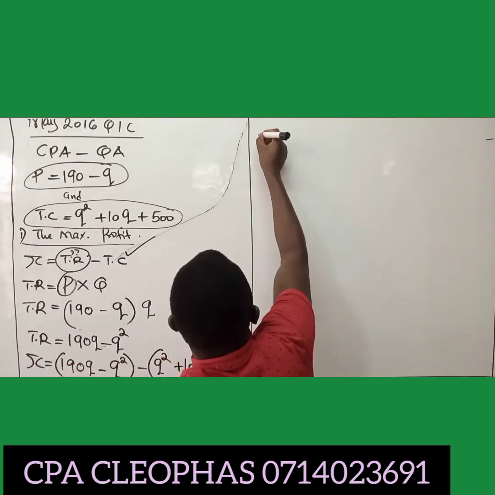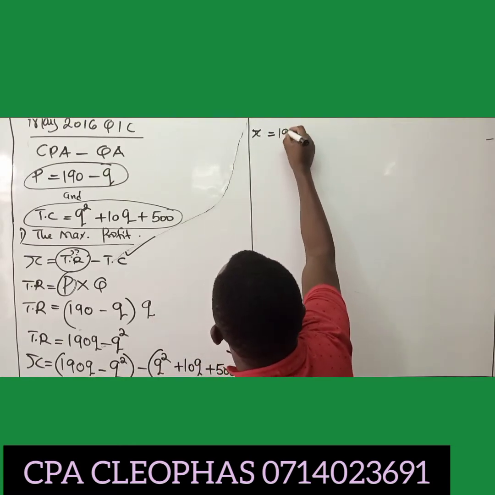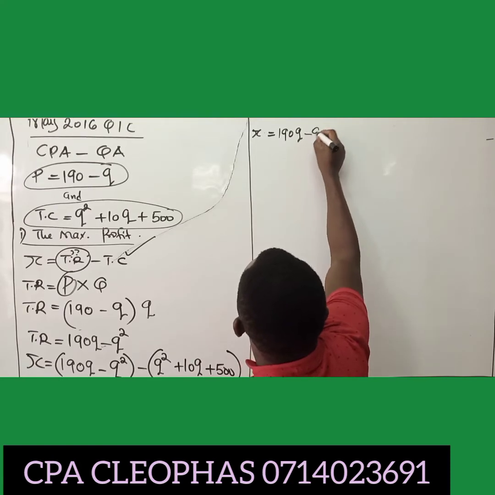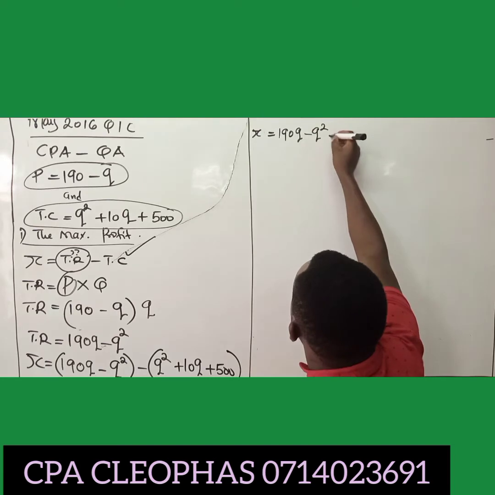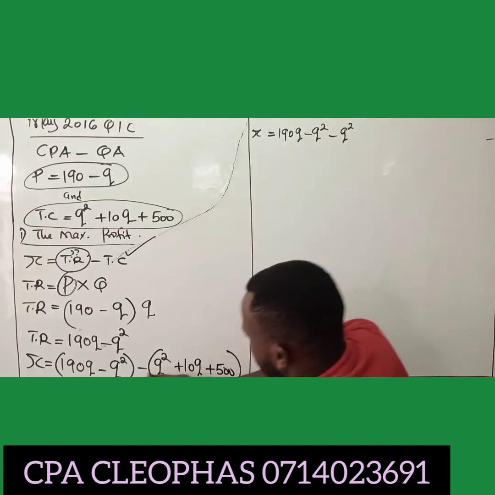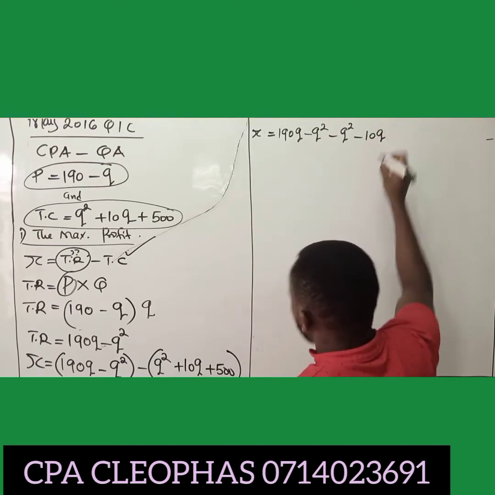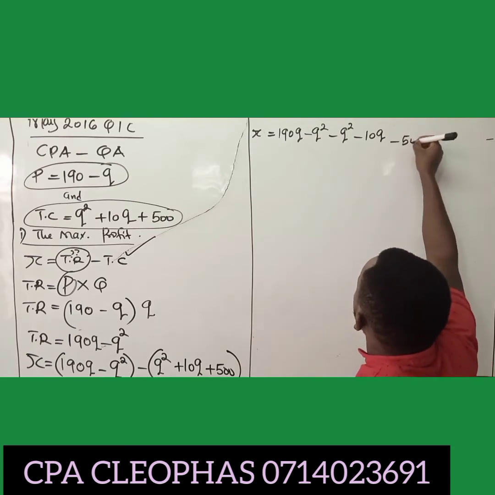When you open up those brackets, profit will equal 190Q minus Q squared. This will be minus again Q squared, minus 10Q because this is negative and this is positive, so it is negative 10Q. Then negative times positive will be negative 500.